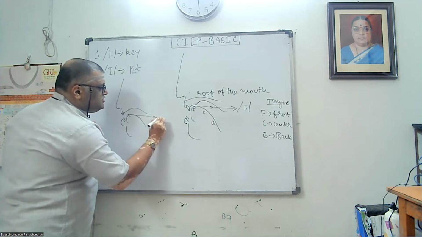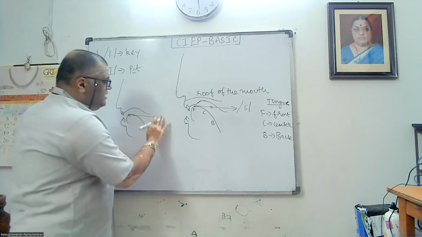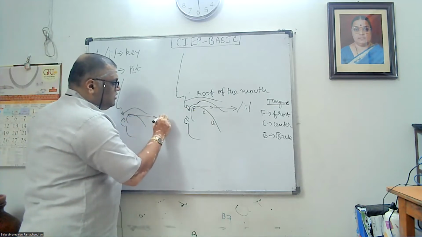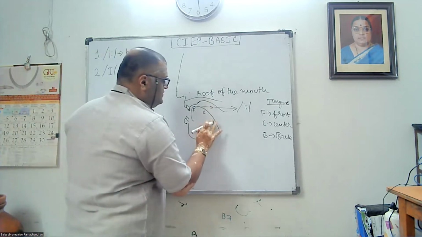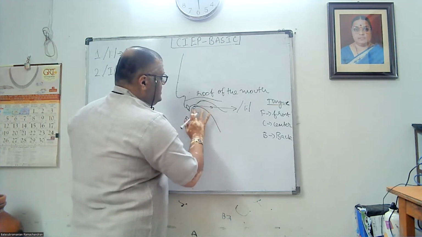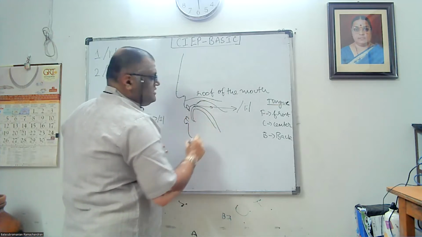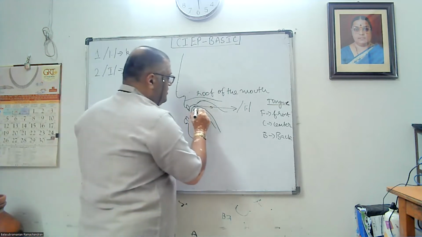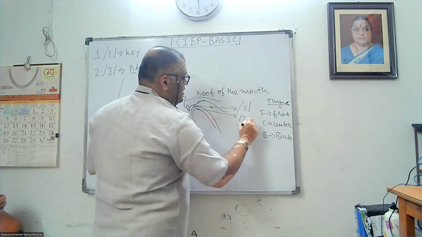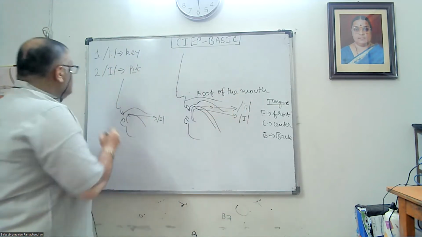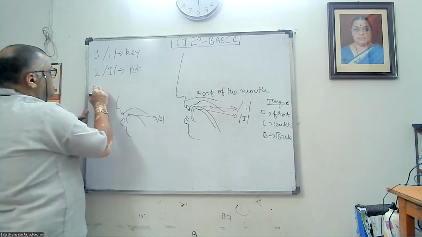So this is the position for A. Let me remove this F, C and B. This is the front part of the mouth. So if you were to draw it like this, then this is for A.